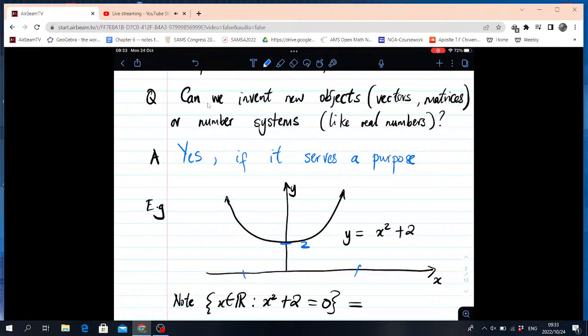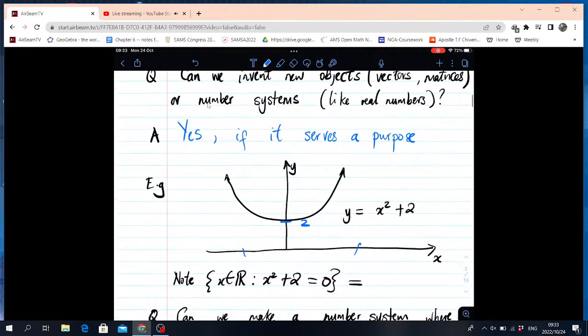So in other words, if I think of this set, the set of all real numbers x such that x squared plus 2 is equal to 0. So basically we are trying to find all the real solutions of the equation x squared plus 2 is equal to 0. We know that because this doesn't cut the x-axis, therefore this is going to be an empty set, right?